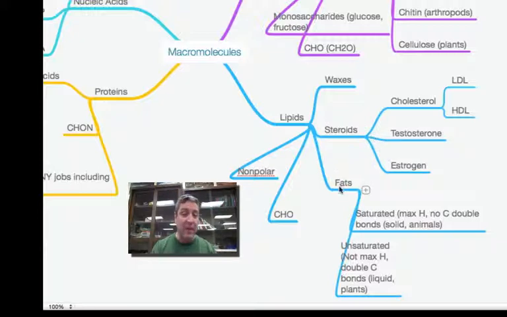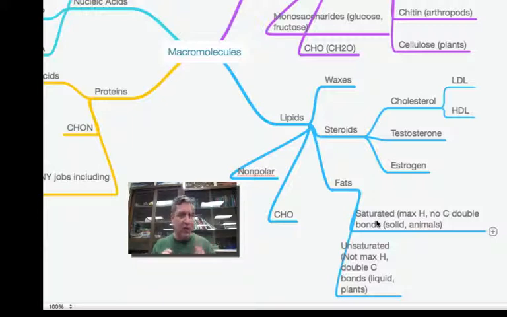The last type of lipid is fats, and we broke those into saturated and unsaturated fats. Saturated fats hold the most hydrogen possible because they have no double bonds on those carbons. You've got a glycerol backbone with 3 fatty acid tails, and those fatty acids have as many hydrogens as possible because there are no double bonds.